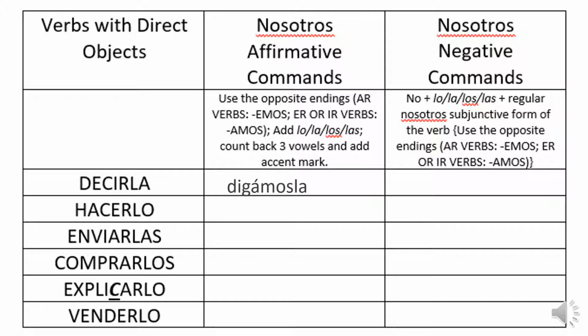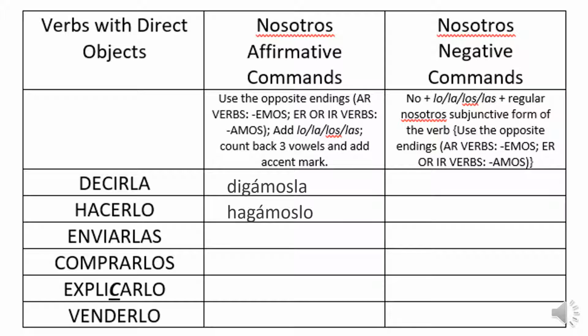I counted back 1, 2, 3 vowels, and I put my accent mark on the A, and I've got digámosla. If I want to say, let's do it, hagámoslo. We know that hacer is irregular, so it's hagamos. We added the lo, we added the accent mark, hagámoslo.